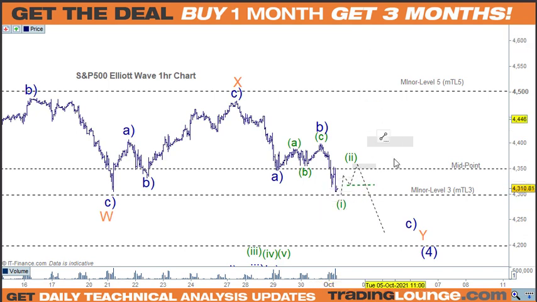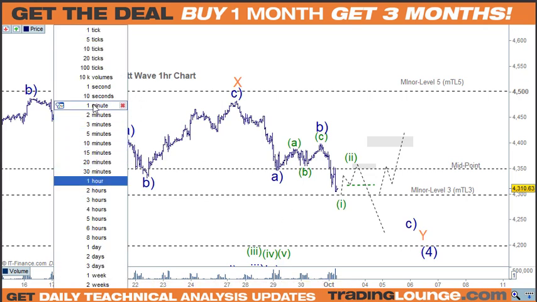If you see that we get 5 waves to that point, then we're going to get a correction and then move up at that point. So this will be an ABC back at that point. So you've got to recognize what you've got here. So you might need to go into a 2-minute chart, or if you're using TradingView into 30 seconds or something like that, and try to figure it out.